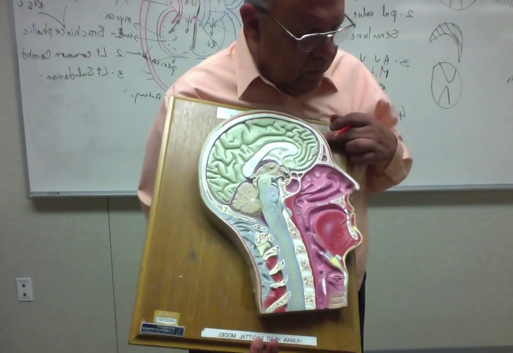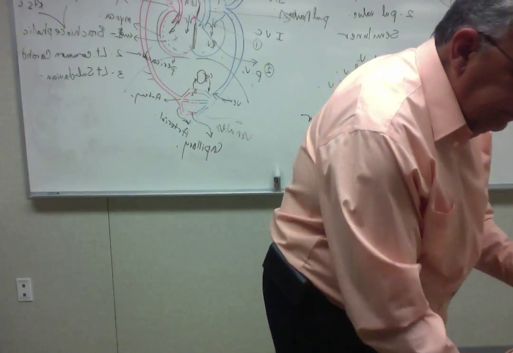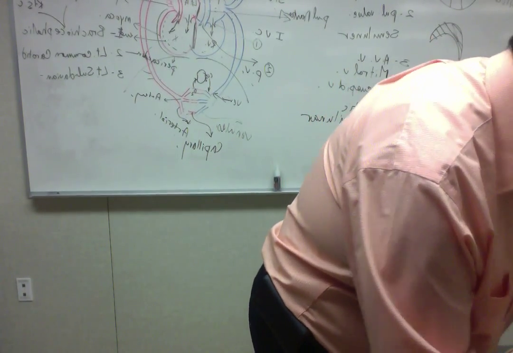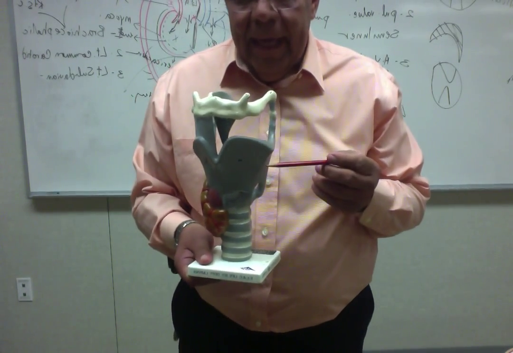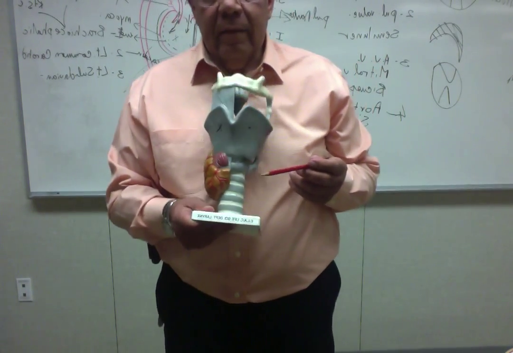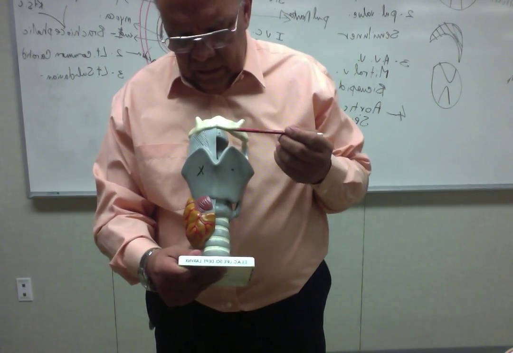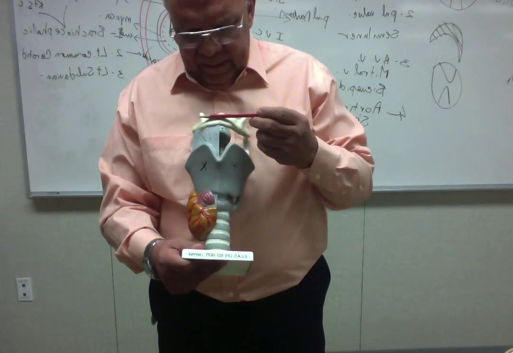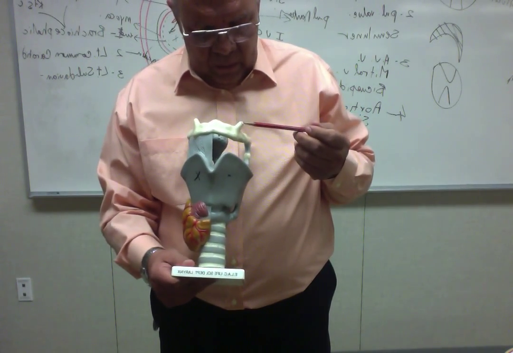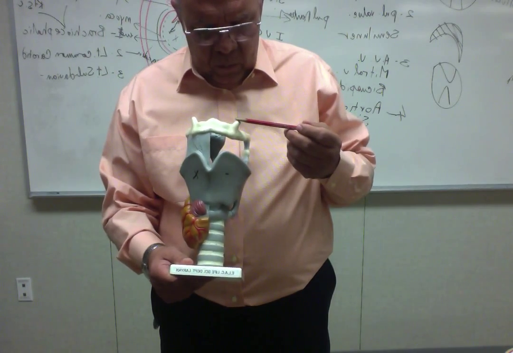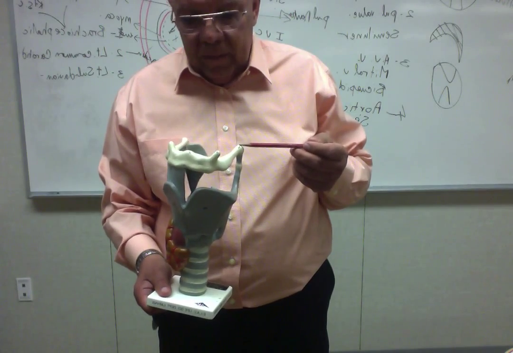For the larynx, we use the other mannequin. The larynx is made by eight cartilages, of which we would like to know just three names only. First of all, this is the hyoid bone. It's not a cartilage, it's a bone. It has horns: the lesser horn, and the greater or large horn.